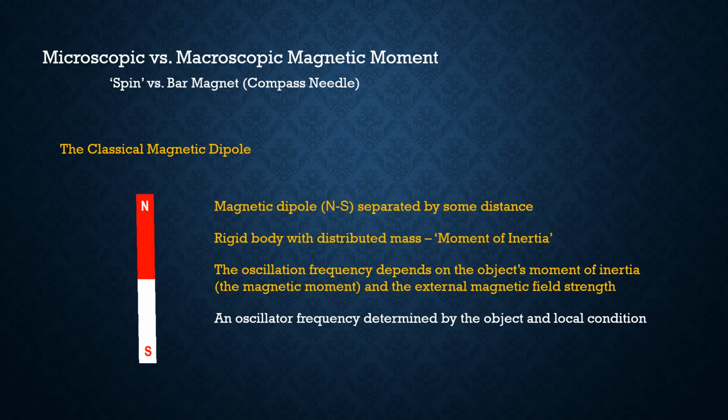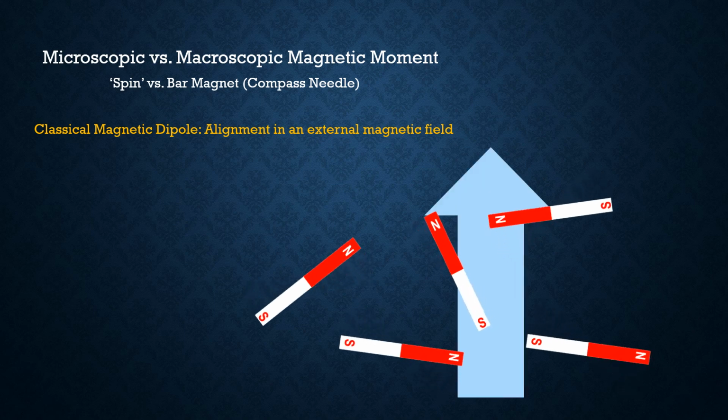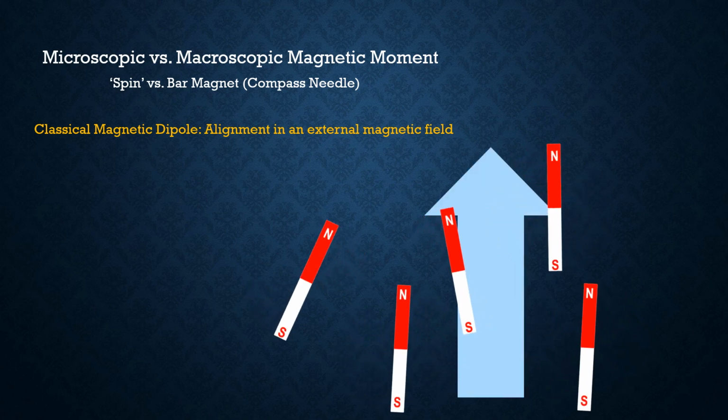There are two dependent terms, namely the size of the magnetic moment and the magnitude of the external field orienting it. So that when you have classical magnets, the external field orients them and then sets them into a characteristic wobble frequency, precession, or pendulum-like or oscillatory motion.